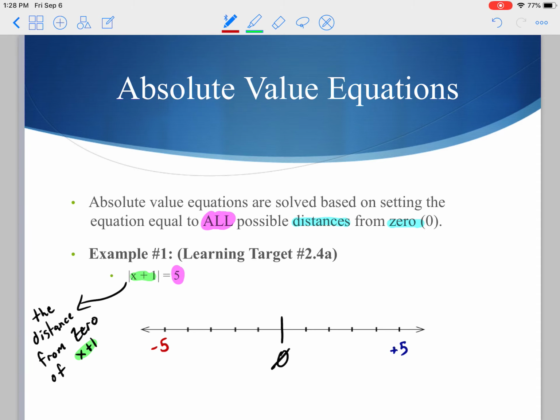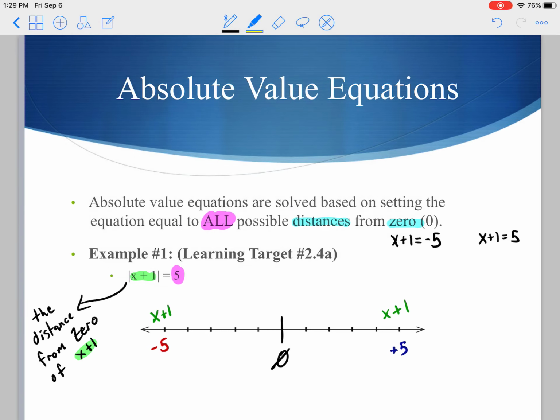And so what I'm going to do is rewrite that expression, the distance from 0 that we are given. So we know that x plus 1 is 5 units from 0 in both the positive and negative direction. In order to solve for x, what I must do is set both instances equal to their respective distances from 0 in the positive and the negative direction.